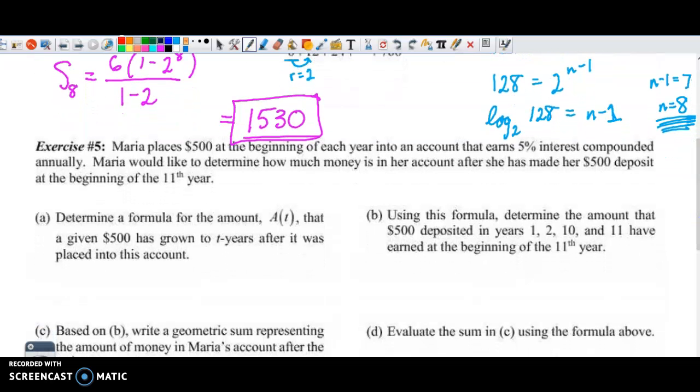So right now it might not seem like it is a geometric series, but what's happening is Maria is placing $500 into her account, making 5% interest compounded annually. In case you need a reminder on what that formula looks like, because it's compounding annually, it's just 1 plus the interest rate to the t power.